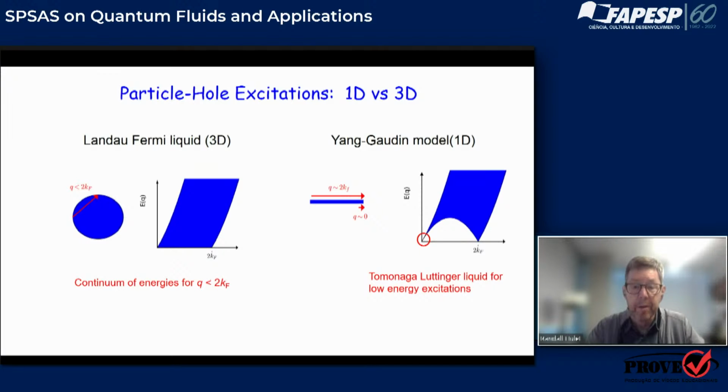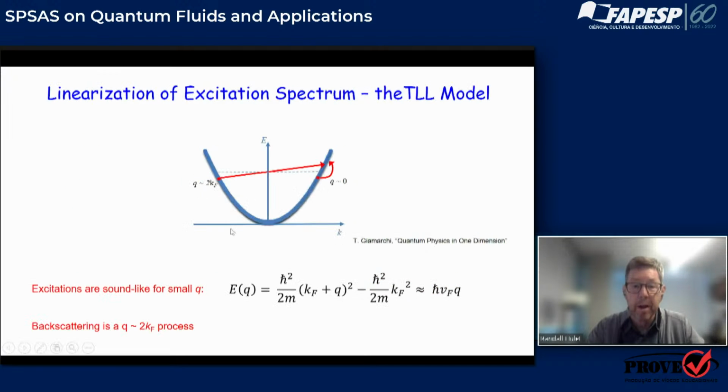For low energies, there's a way of linearizing the excitation spectrum, and this forms the basis of the Tomonaga-Luttinger liquid theory. So here's a quadratic dispersion, energy versus momentum, which is what you have for a free non-relativistic electron.